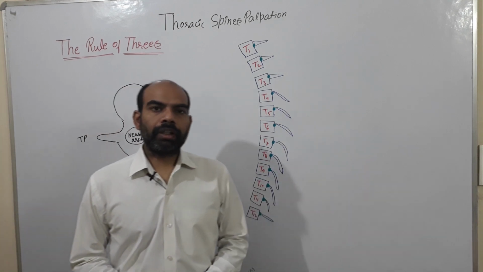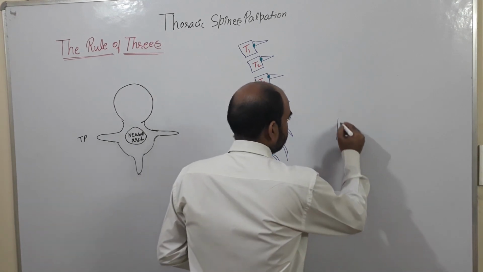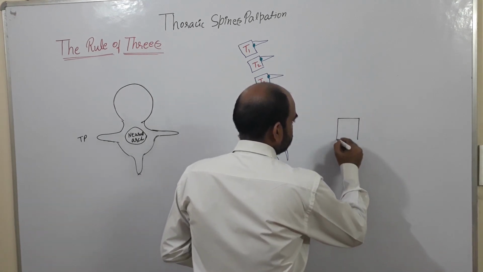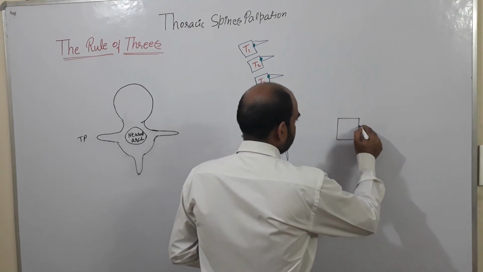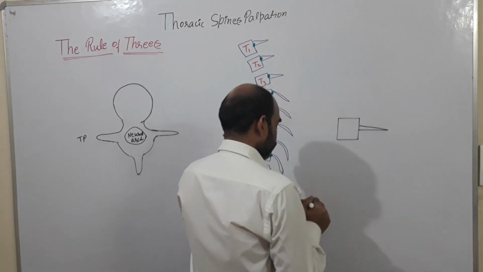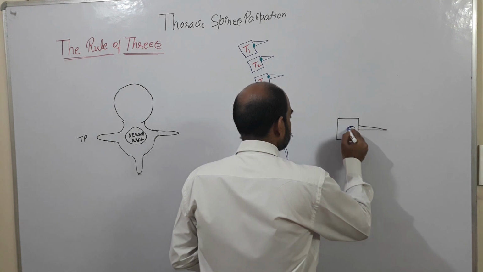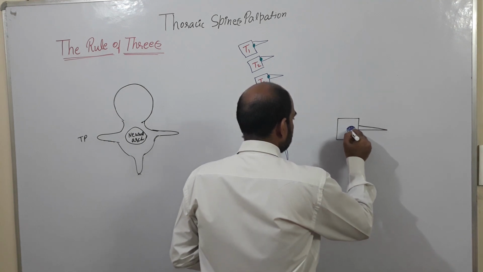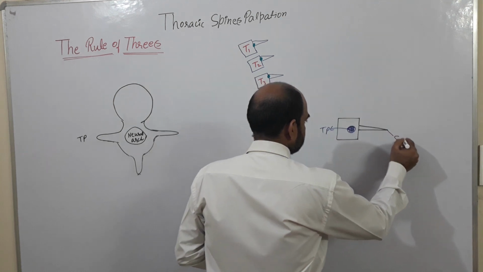In the cervical and lumbar spine, suppose this is a vertebra. The spinous process in the cervical and lumbar vertebra is straight, in the same plane where the transverse process is present. Suppose this green mark is the transverse process and this is the spinous process.